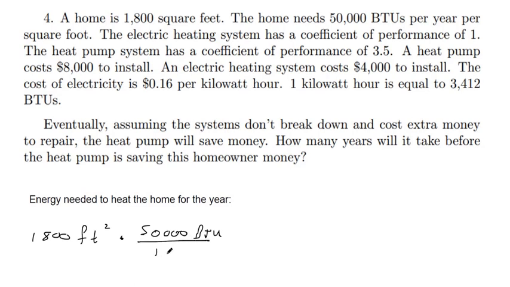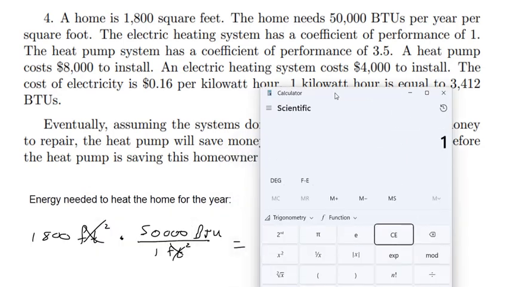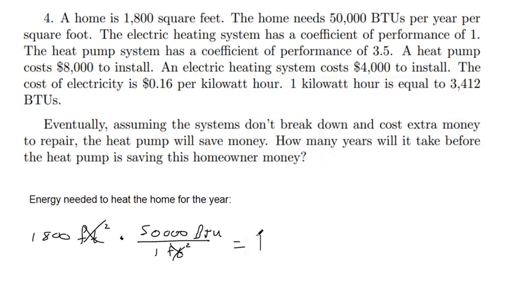"Per" means we make a fraction, the square feet units cancel, and this will calculate how many BTUs we need per year. So 1,800 times 50,000 BTUs, so this home needs 90 million BTUs per year to be heated.